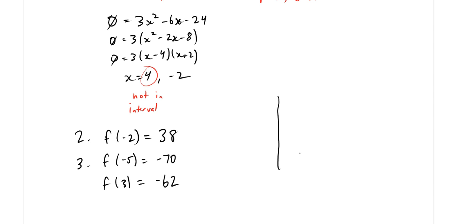We're supposed to draw a sketch. So here's my interval. This is -5. This is 3. At -5, my value is -70. That's the minimum value. At 3, my value is -62, so it's a bit higher, but it's still low. And at -2, which is over here somewhere, I'm at 38.